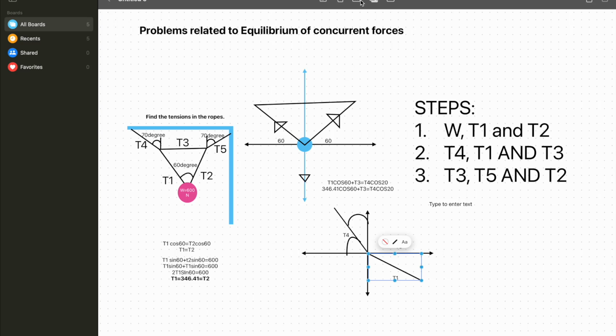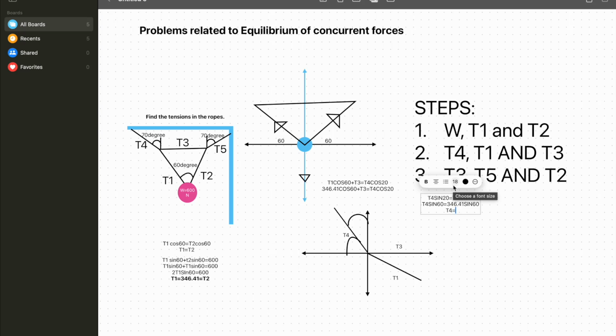So we can write that T4 sine of 20 equals T1 sine of 60. From here we know T4 sine 20 equals 346.41 sine of 60.